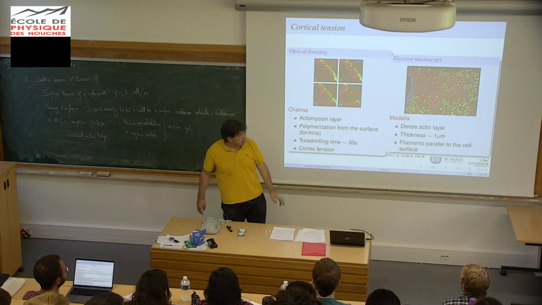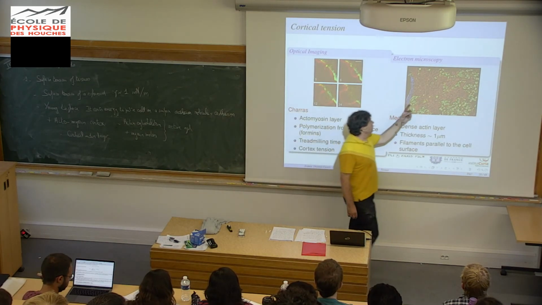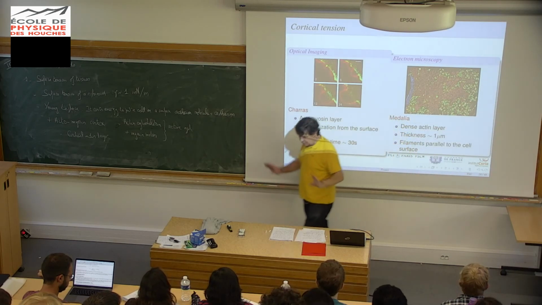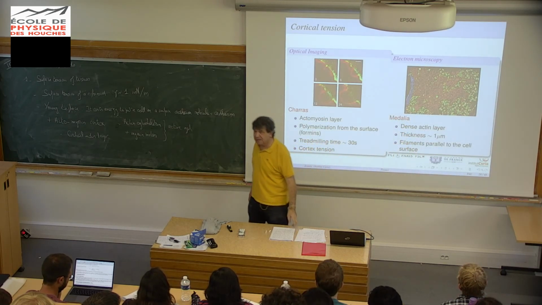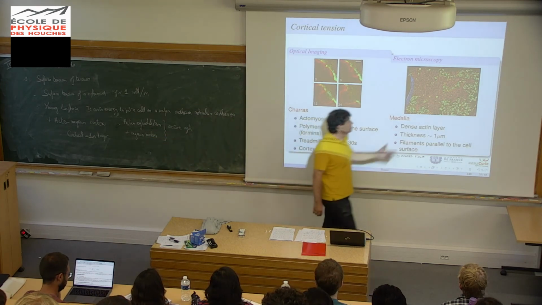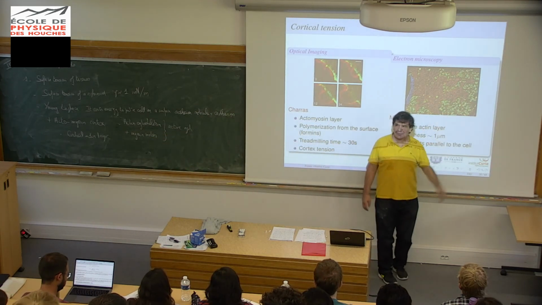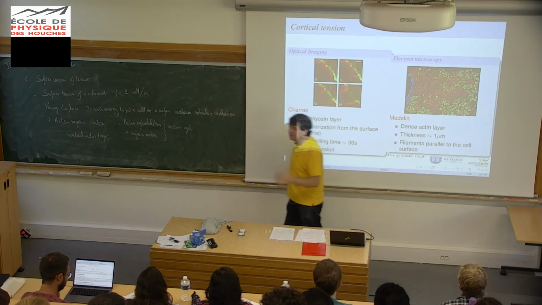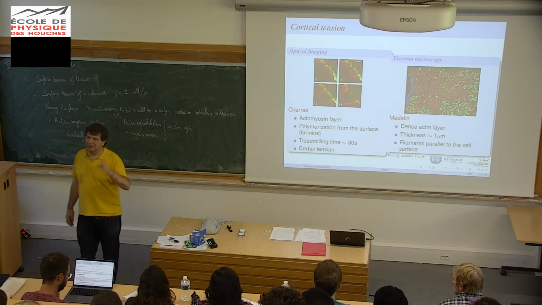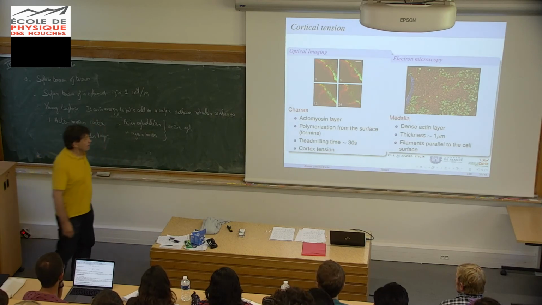Now, there are all kinds of debates on whether the myosins are everywhere or whether they're only in the back of the layer. I don't want to go into these details. The only thing I want to insist on, first of all, is that the thickness of the layer is slightly smaller than 1 micron. It's 500 nanometers, maybe 300 nanometers. Every time somebody makes a new experiment, it decreases.